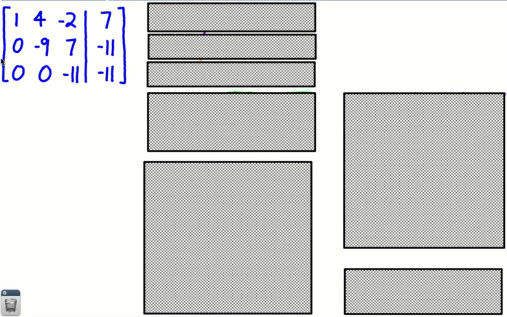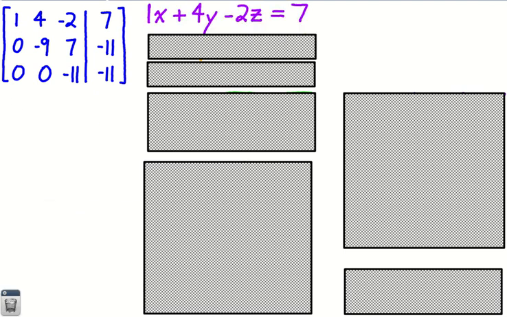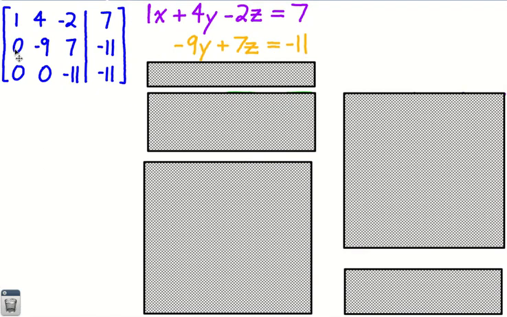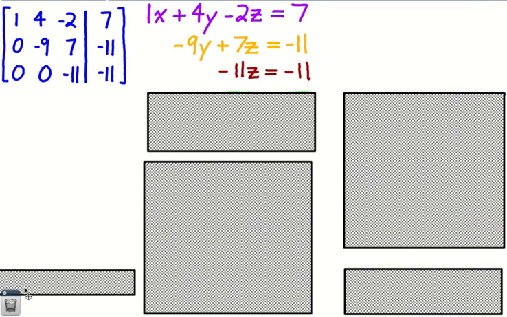So once I get the zeros in those spots, I'm going to translate these rows in this matrix back into equations. 1x plus 4y minus 2z equals 7. And this equation would just become 0x, so not even there, minus 9y plus 7z equals negative 11. And this equation is merely negative 11z equals negative 11.